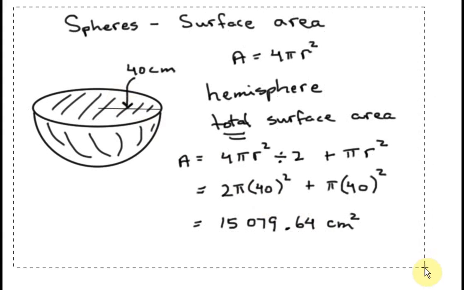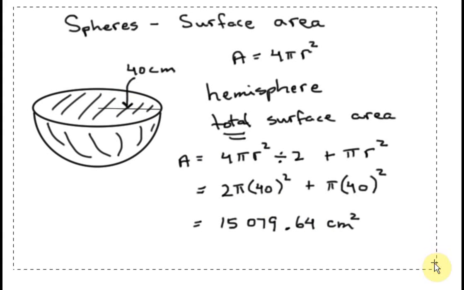Now I'm going to do another example of another type of question where we kind of work backwards. So somebody comes along and they tell us the following information. They say it's a sphere and we've got the surface area and we know what it is.